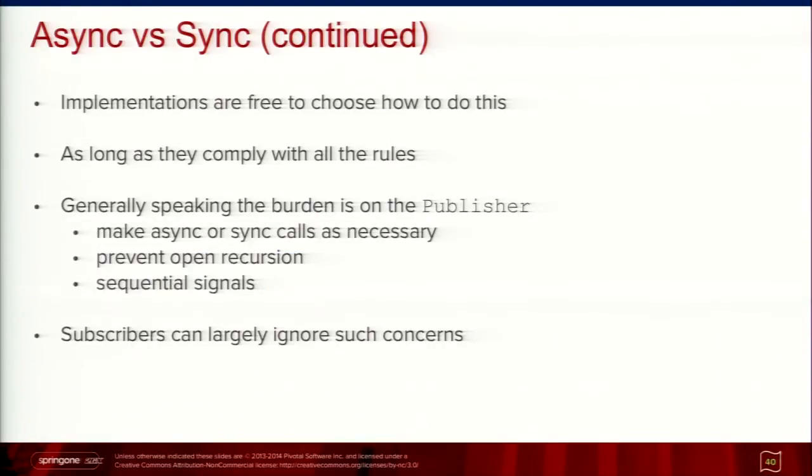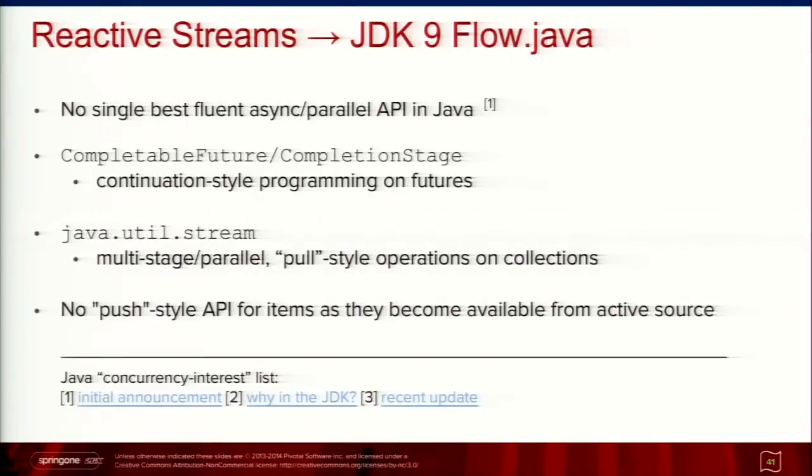But it's difficult for the publisher to implement because it has to deal with when should it be synchronous, when should it be asynchronous, preventing unbounded recursion, ensuring that onNext happens in a sequential manner, not concurrently. So that's something that publishers are responsible for.